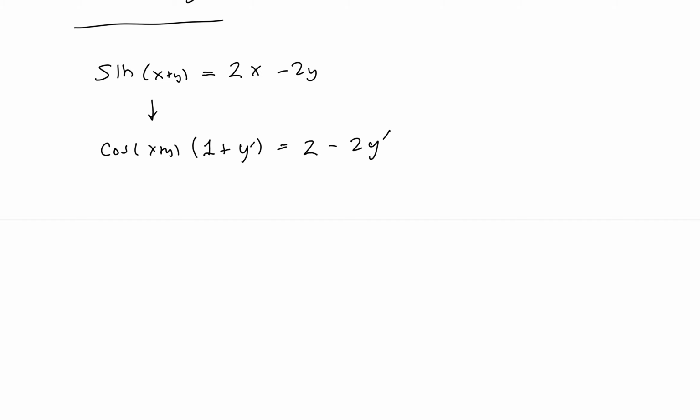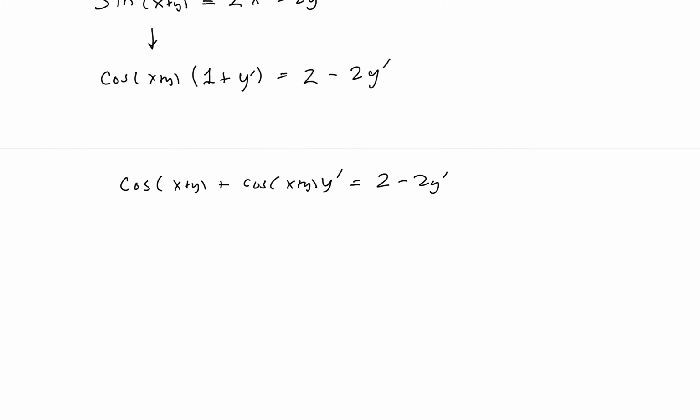And then we want to solve for the y prime, so I'd have cosine of x plus y plus cosine of x plus y times y prime equals 2 minus 2y prime. Get all the y primes together, so cosine of x plus y plus 2 times y prime is equal to 2 minus cosine of x plus y.